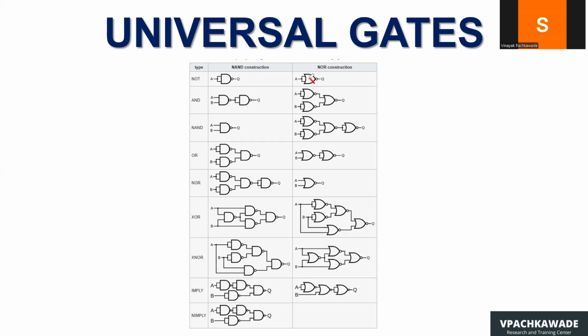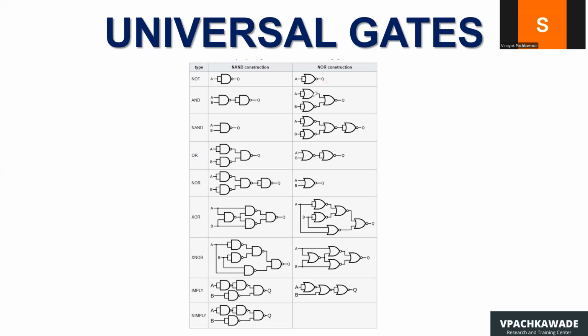Again, we are using a two-input NOR gate. Both of its inputs are shorted to each other, and we have a single input signal labeled A. Its output is Q, and this is the symbol of a NOR gate. So when A is at logic 0, output is logic 1, and when A is logic 1, output is logic 0.